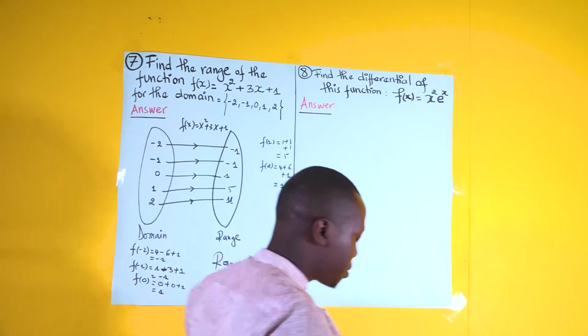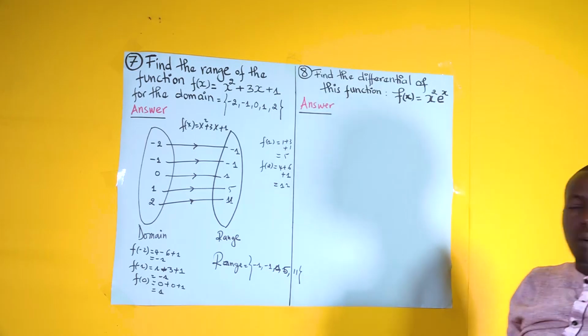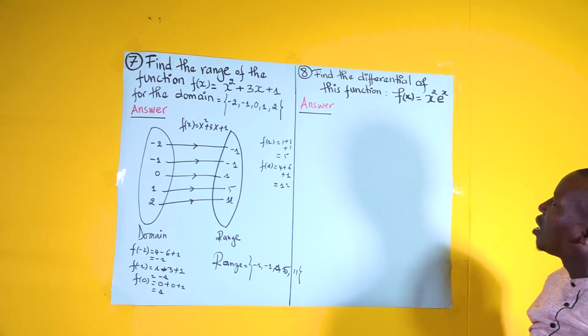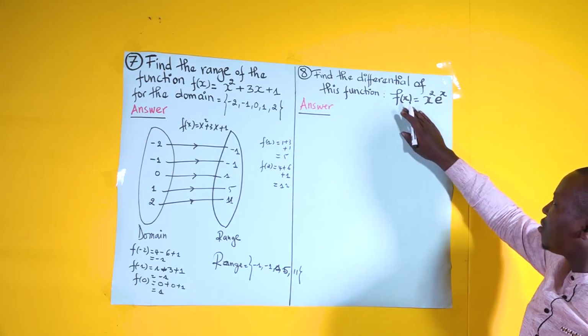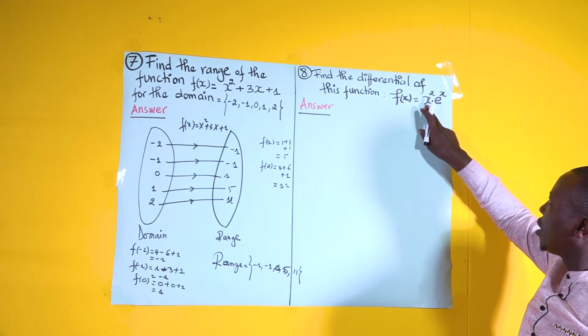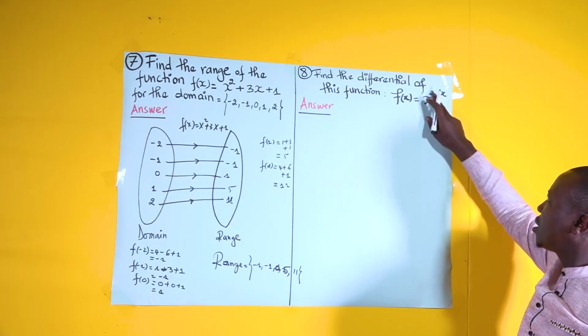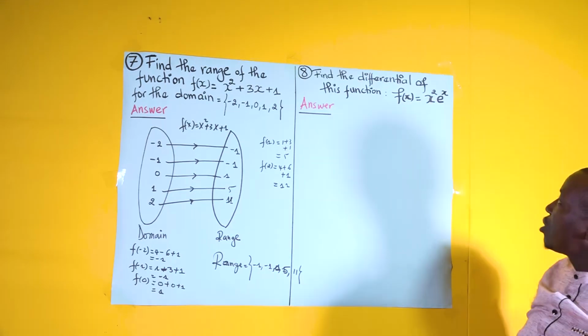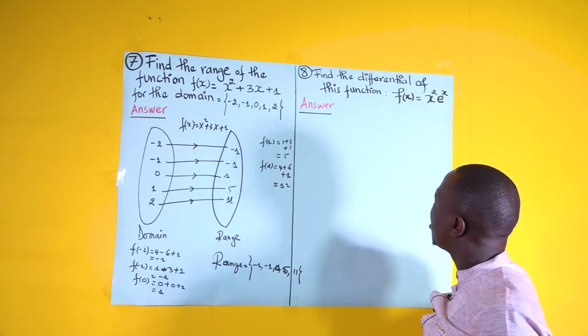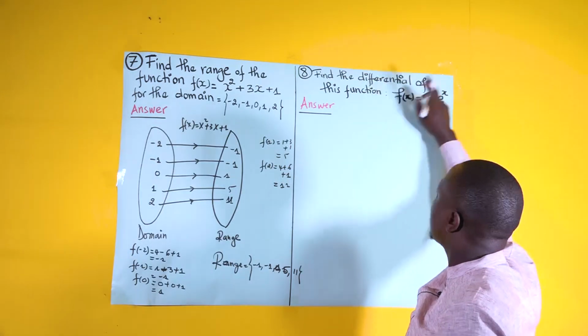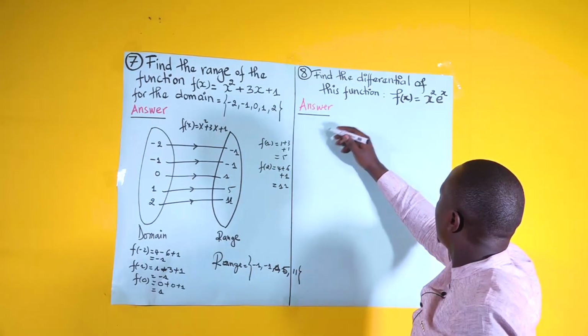All right. Next question, question number 8. We will ask you to differentiate this function: f of x equals x squared times e to the x. This is an exponential function. This is a polynomial. The product of these, you can differentiate.